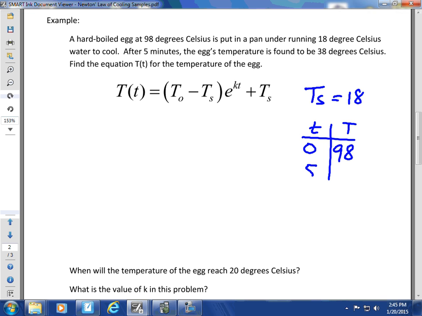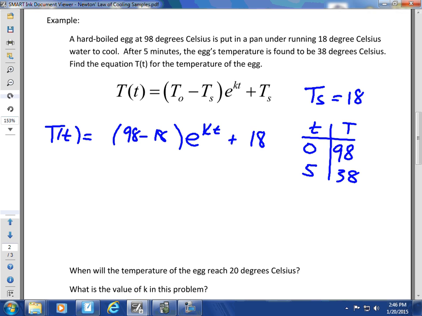And then 5 minutes later, the temperature has dropped to 38 degrees. All right, well, this is going to be easy enough to fill in. The temperature at any given time is going to be calculated by T0 minus Ts. So I want to say that's 98 minus 18 times e to the kt plus the temperature of the surrounding medium.